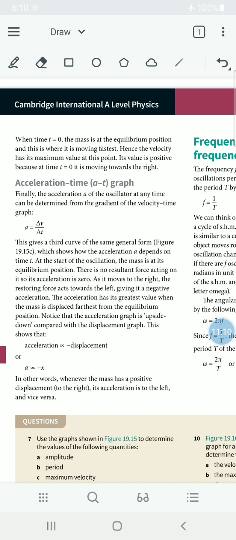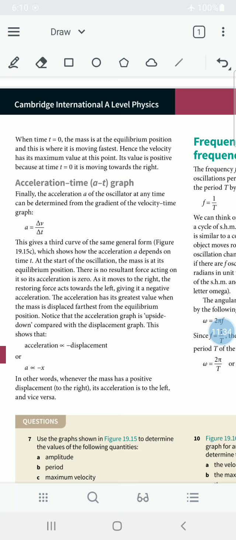You can go either way. There is no acceleration, therefore there is no resultant force. That is also something that you must understand. As it moves to the right, what is the force that comes into effect here? The restoring force. Because there is a restoring force, that restoring force will create a deceleration.